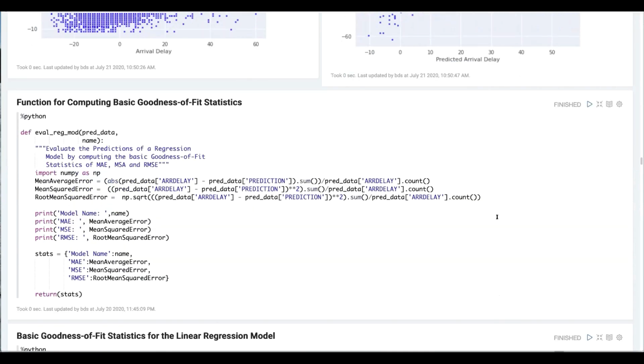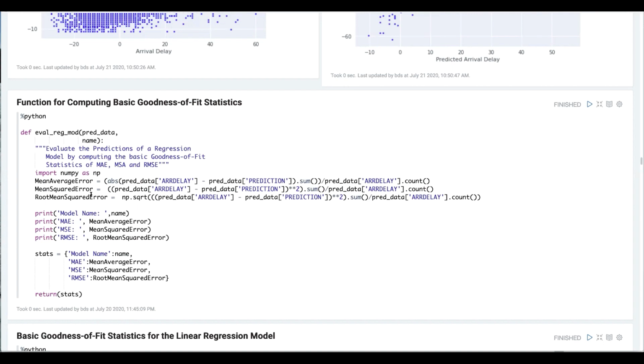And remember, we were talking about the mean absolute error, which is the absolute value of my arrival delay, which is the actuals, minus my prediction. I sum that, and then divide by the count. That's as simple as that.